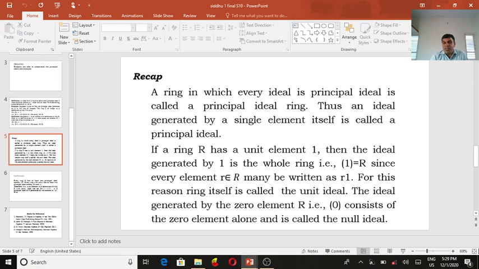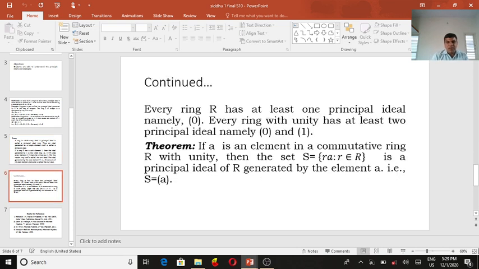The ideal generated by the 0 element of R, which consists of the 0 element alone, is called the null ideal. In the set Z, if we multiply 1 into Z, we get Z itself. If we multiply 0 into Z, all elements become 0. That is called the null ideal.